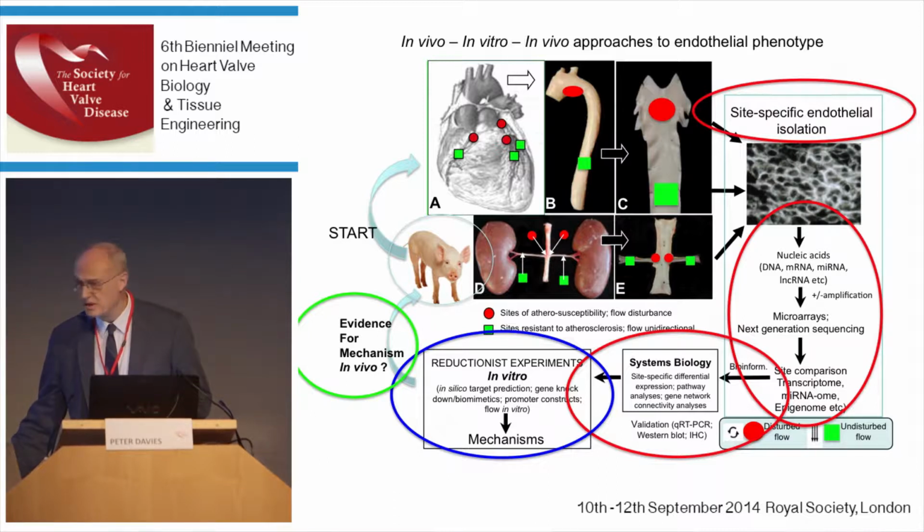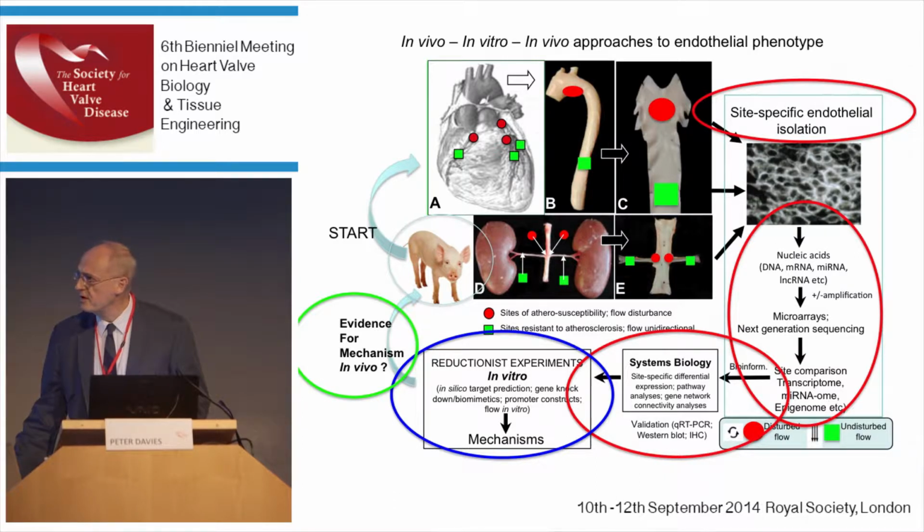And then the interesting things happen because from the systems biology, we do the reductionist experiments. And there we are setting up flow conditions which try to simulate what is going on in vivo for the particular problem that we want to address. And if we find from that, because we have control, we can dissect it very, very extensively and discover and confirm new mechanisms.